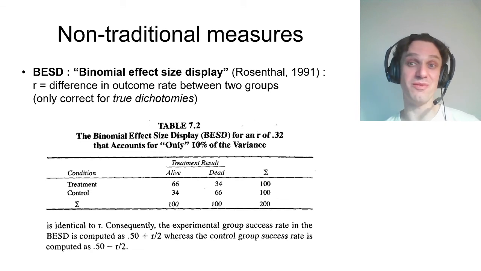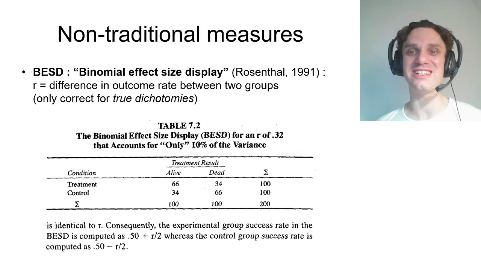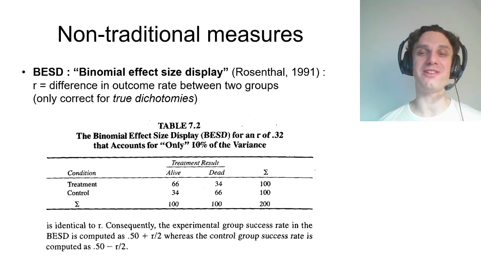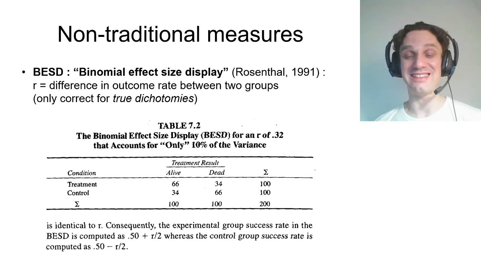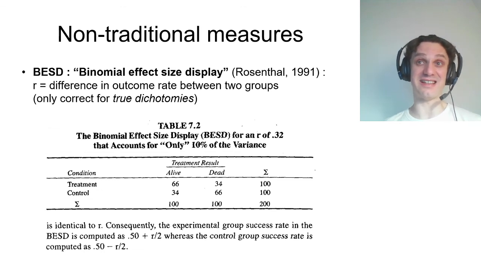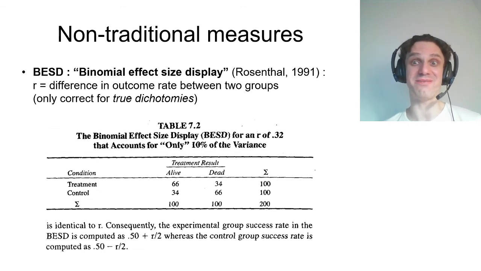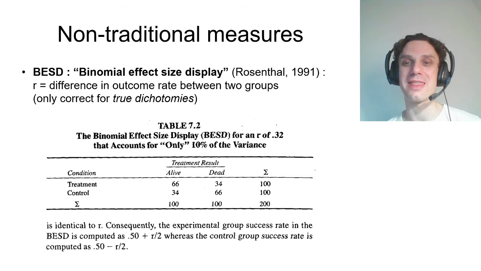So in the group of individuals who were treated, the chance of being alive will be 0.66, and in the group of individuals who were not treated, the chance of being alive will only be 0.34. And this difference between 0.66 and 0.34 is actually this correlation, 0.32.